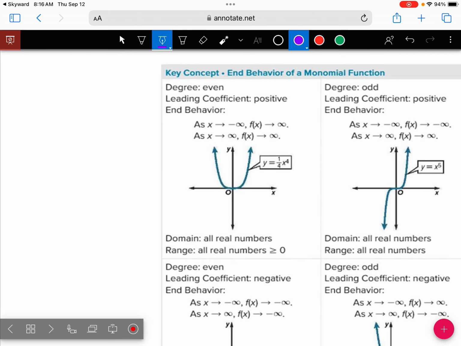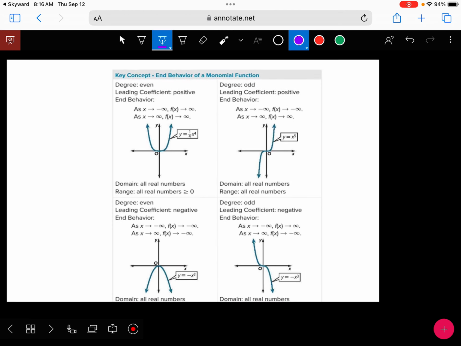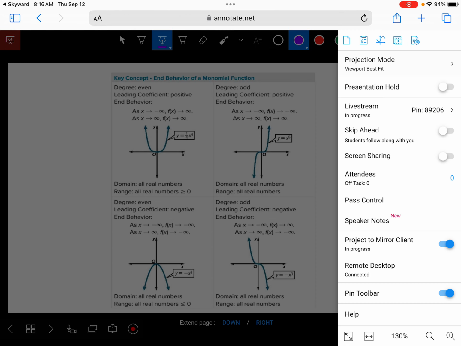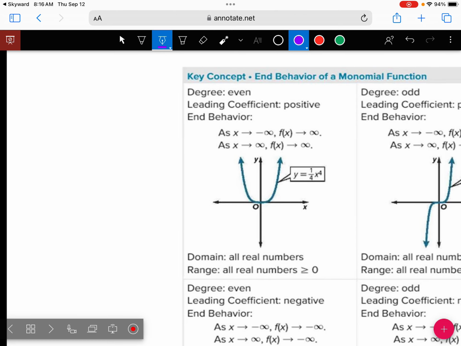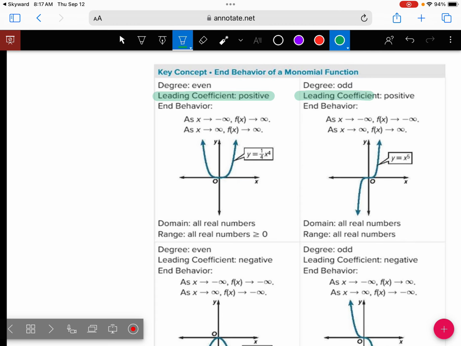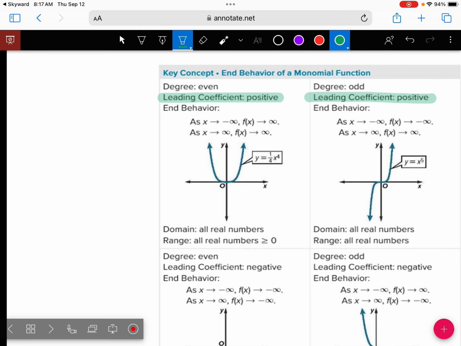When we're trying to talk about end behavior, there are two things that we need to focus on. The first thing we need to focus on is the leading coefficient positive or negative, okay? If your leading coefficient is positive.